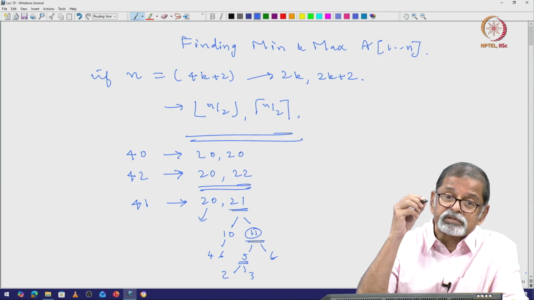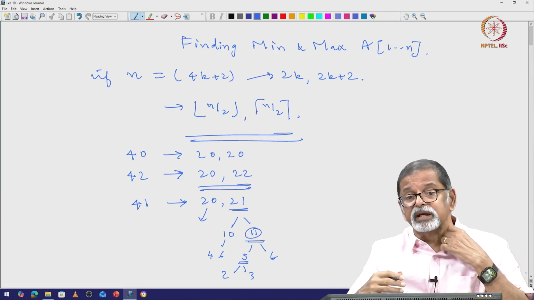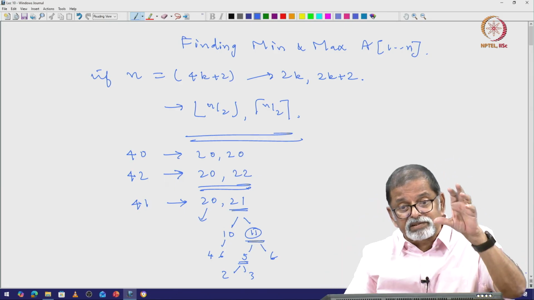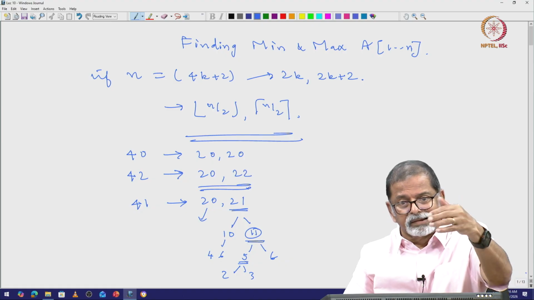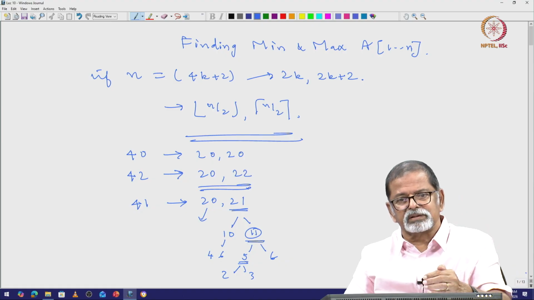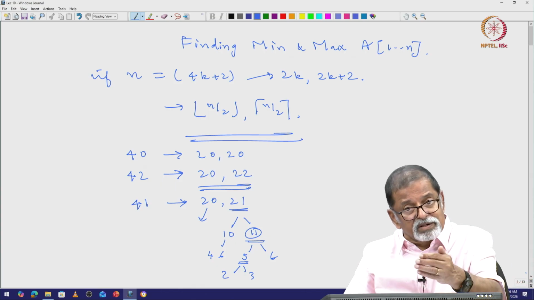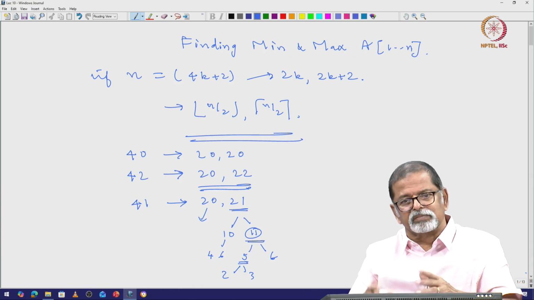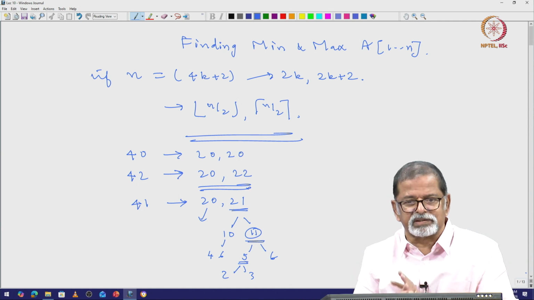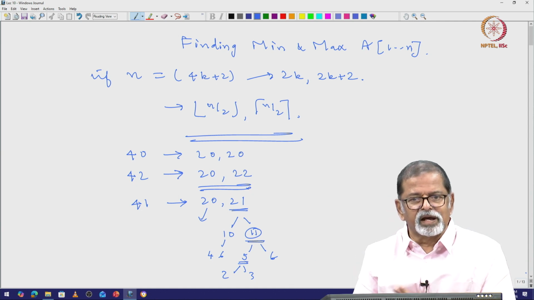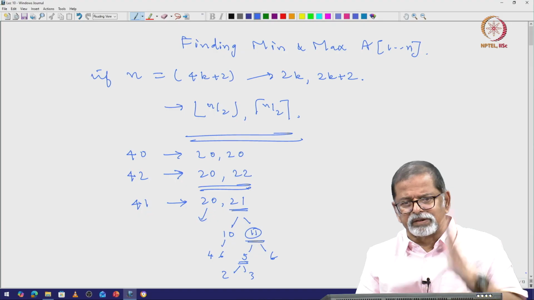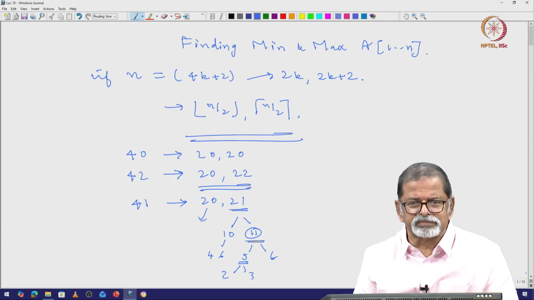In other words, in the recursion tree, if there is an odd number, it will give rise to a smaller odd number, the other part will be even. That smaller odd number will give rise to another smaller odd number, with all other parts even. An even number will have only even smaller values.